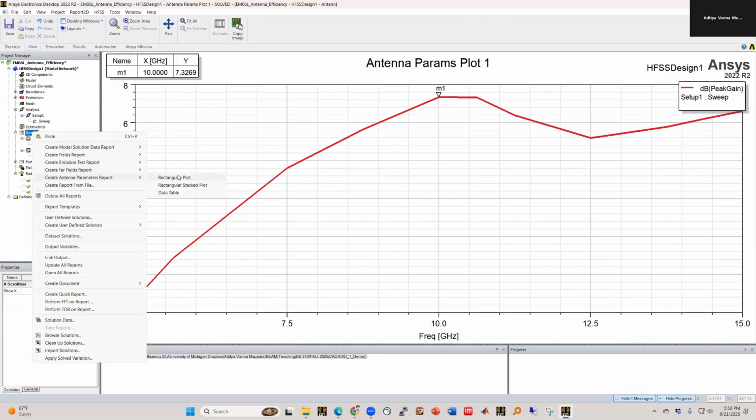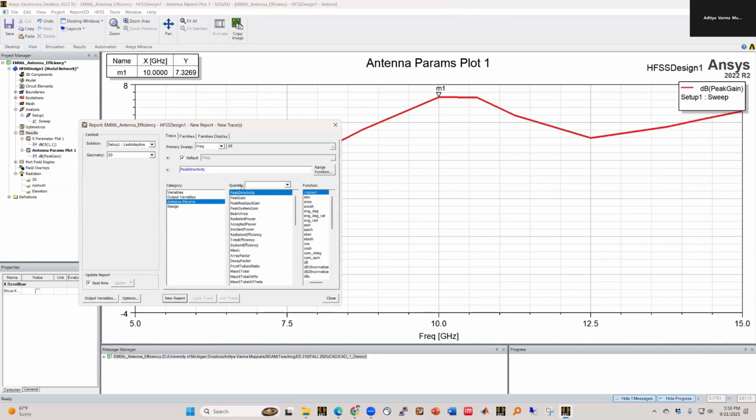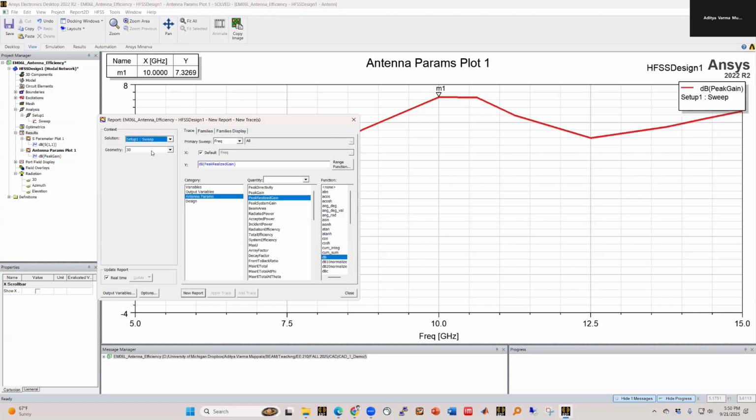Then another one is peak realized gain. So we didn't really talk about this in the lecture video, but it's pretty straightforward. So, gain is efficiency times directivity. So peak gain uses the radiation efficiency, whereas realized gain uses total or antenna efficiency.